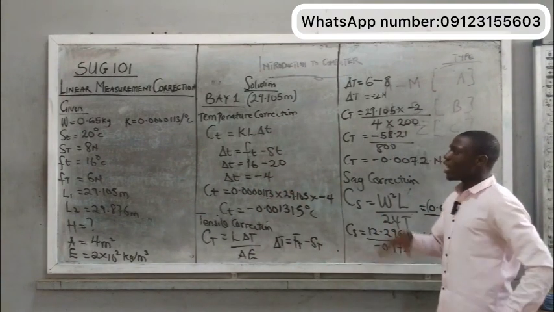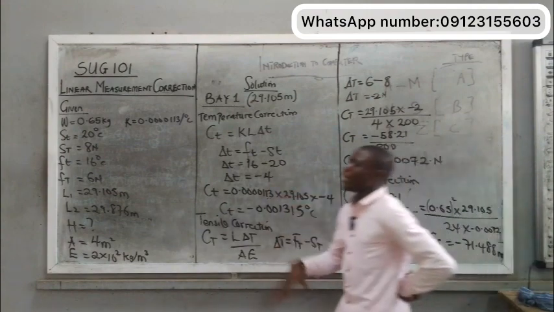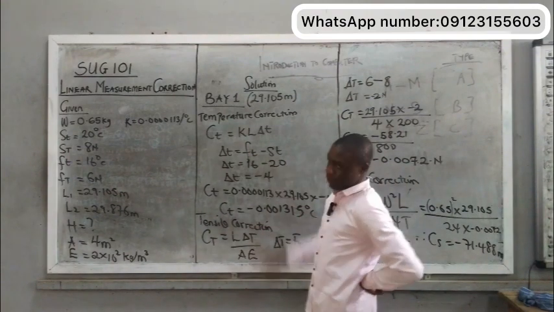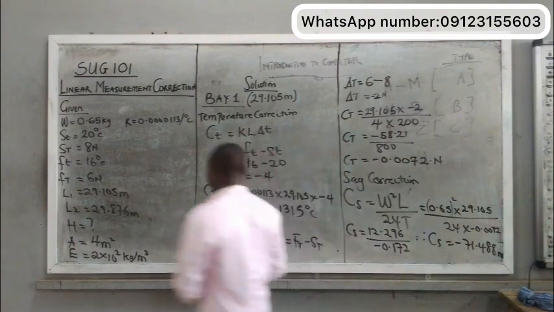Now, let's calculate my true horizontal length for B1.